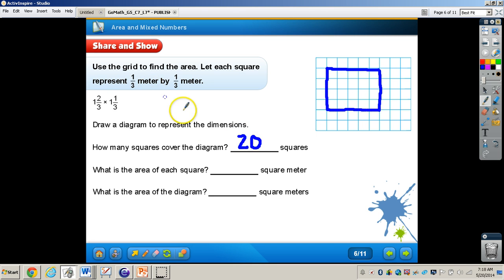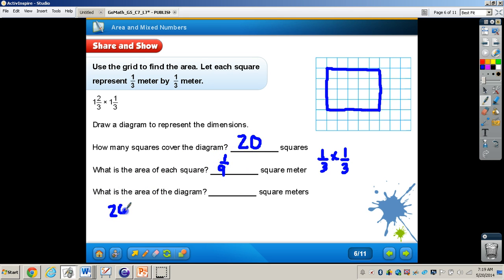Now, something that we need to remember, the area of each square, if it's 1/3 by 1/3, what we do is multiply 1/3 by 1/3, and that is actually 1/9. Okay, each square actually represents 1/9 of a square meter. And the area of the diagram, what we do is take 20 and multiply that by 1/9.